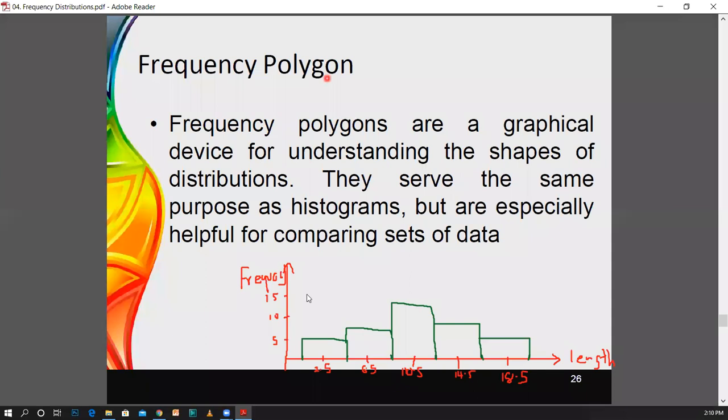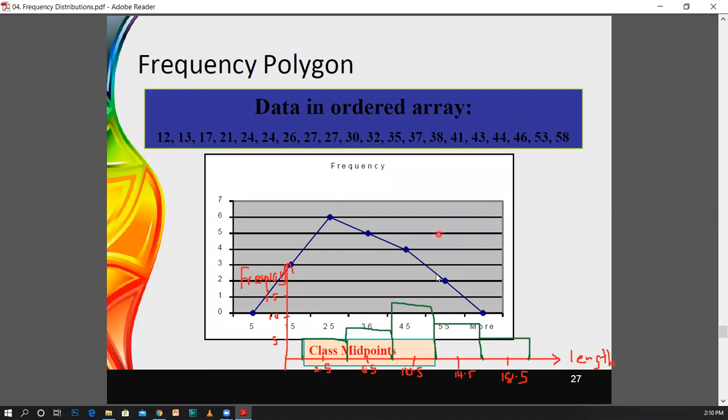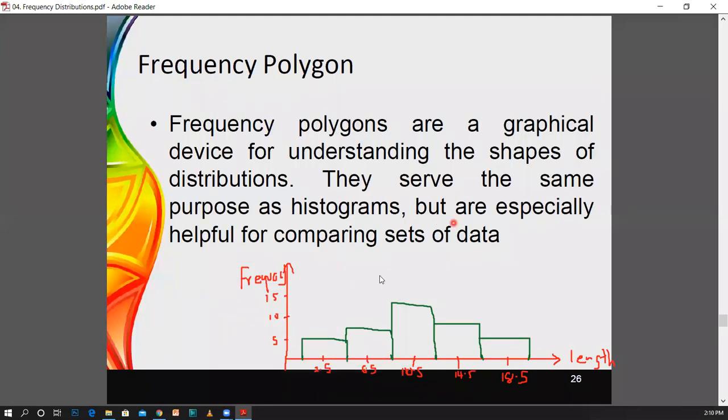the frequency polygon. When we construct the frequency polygon, it is quite like this, and here also we are using the class midpoints. The important thing is that we always use the class midpoints to construct the frequency polygon, and then we mark the frequency of each class versus this class midpoint, and then we connect them using lines.